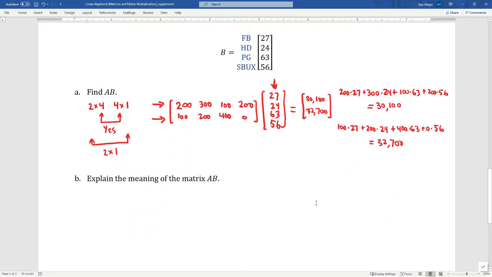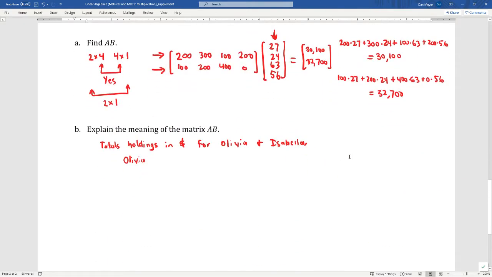All right, so we could say that this matrix represents the total holdings in dollars for Olivia and Isabella. Olivia, that was our first person, right?